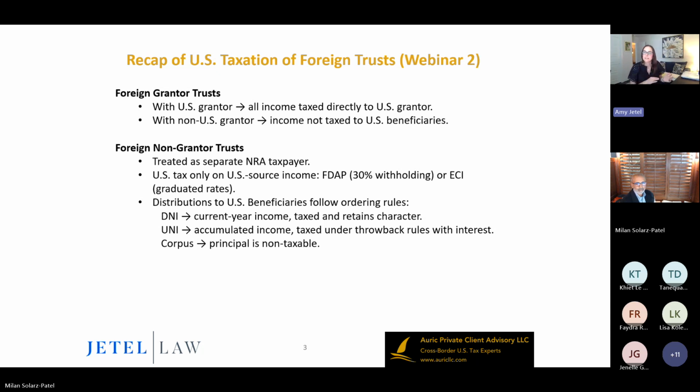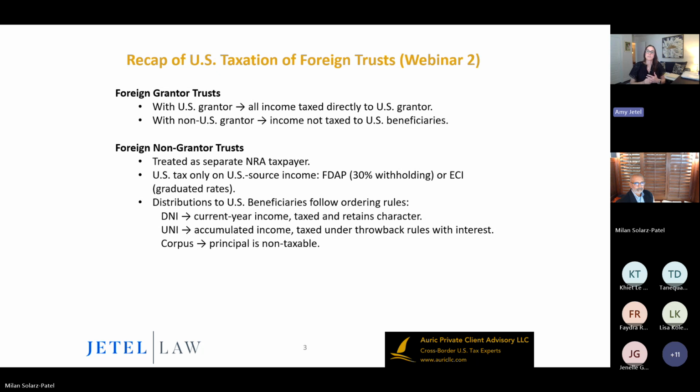And it's taxed in the hands of the beneficiary, and retains all of the character: qualified dividends, long-term capital gains, all of that. After all of the current year distributable net income, or DNI, is exhausted in that distribution, then accumulated income, or UNI, undistributed net income, is forced out next.